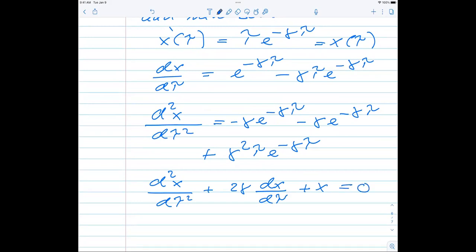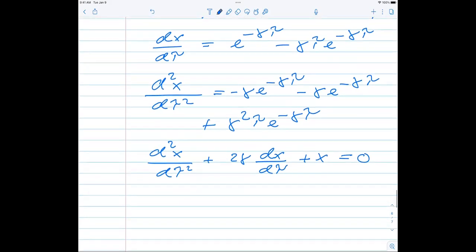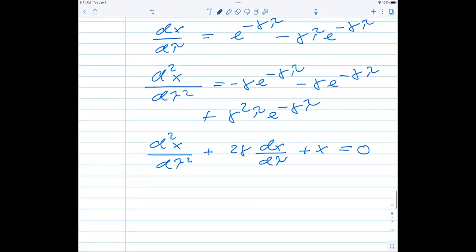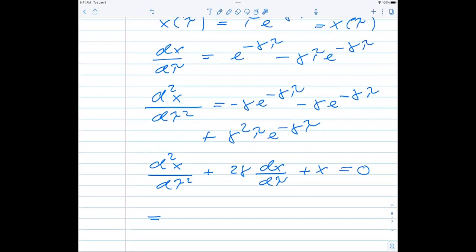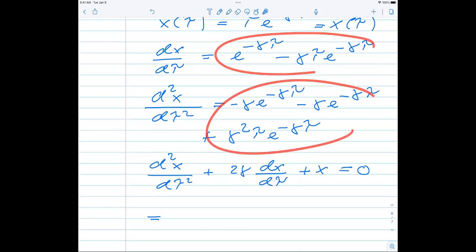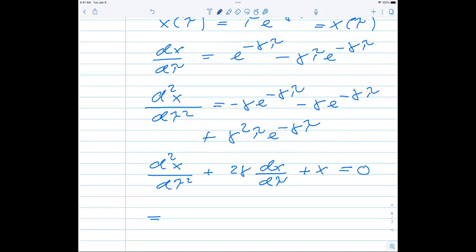And if I do that, I'm going to get the following equation. I'm just going to give you the final term. I'm not going to put everything together here. I hope you don't get disappointed if I don't give you all the steps. So when we plug in x and these two terms, this is going to simplify to the following: gamma squared minus 1, multiplied by minus 1 times tau e to the minus gamma tau.